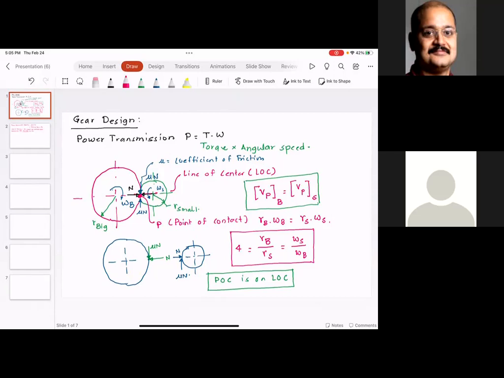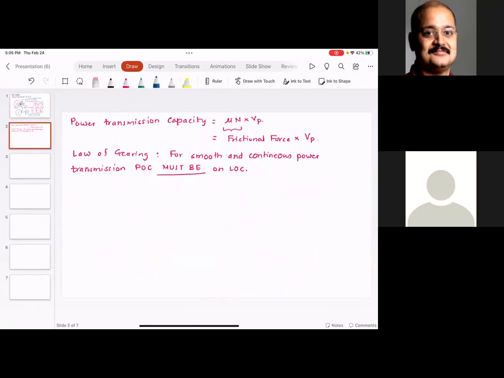Do you agree with me? So what I do is I basically cut teeth here. So I'm going to show you. To start with, we have this big wheel. And we have this small wheel.